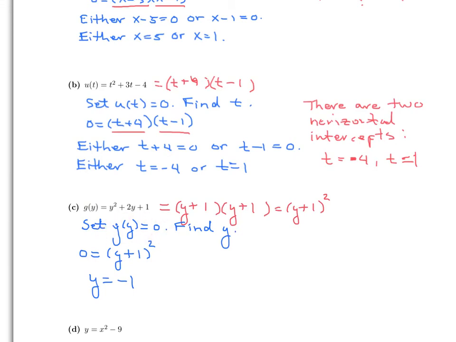That tells us that in this particular case there is only one horizontal intercept. Namely, it occurs at y equals -1.